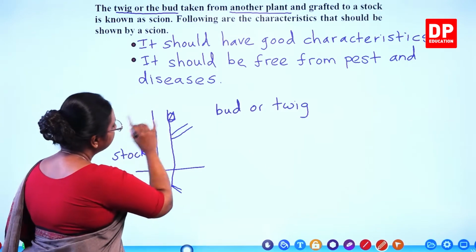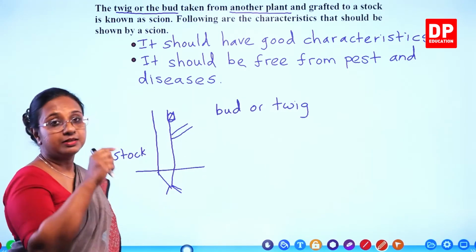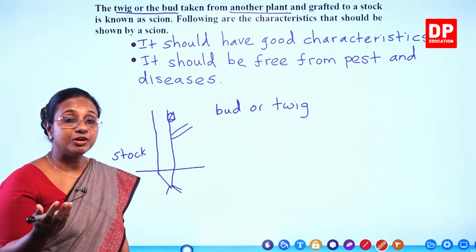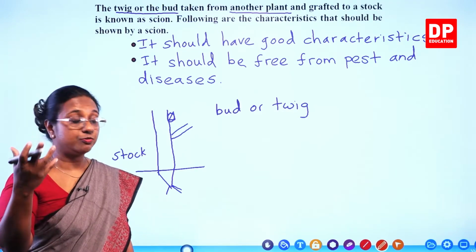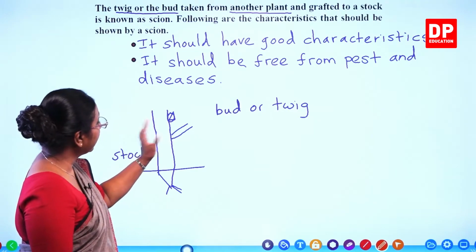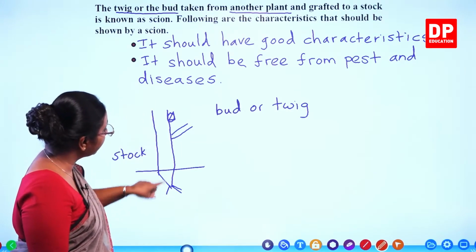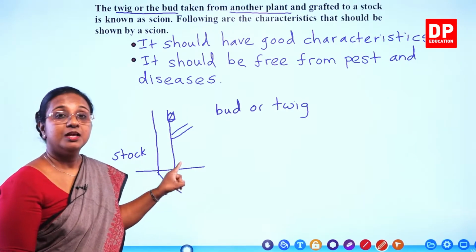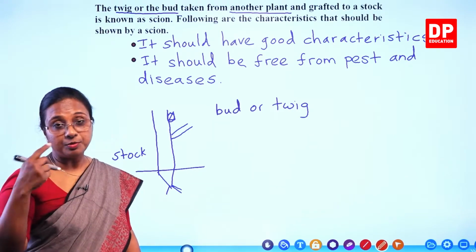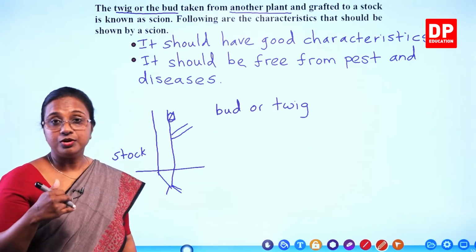Thereafter we have to wrap it with a strip of polythene and allow it some time, a few days. Then when the bud or the twig starts growing along with the stalk plant, we remove the polythene and allow it to grow together.